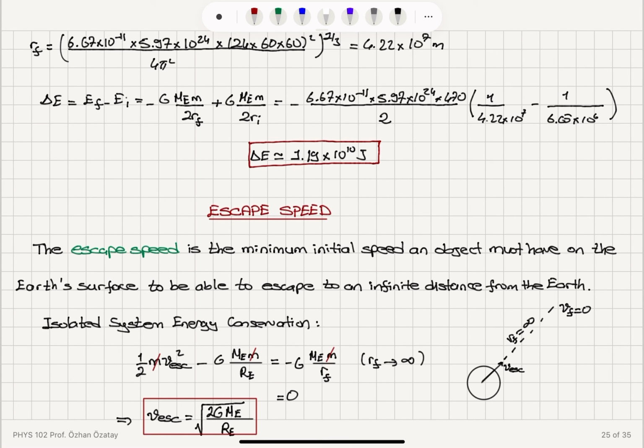this result. And then we have seen that if we take an object on the surface of the Earth, and if it has a minimum speed, the escape speed, it will make it to an infinite distance from the Earth with a zero final speed. This value is proportional to the square root of the mass of the planet and 1 over the square root of the radius of the planet.